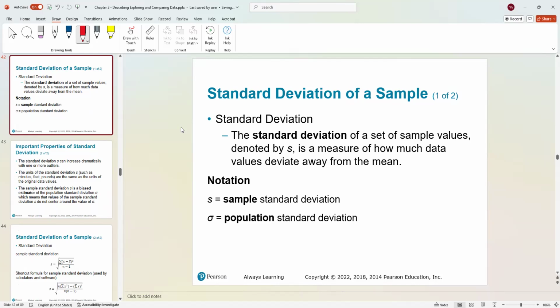So if we know the population variance, let me put the formula for you.